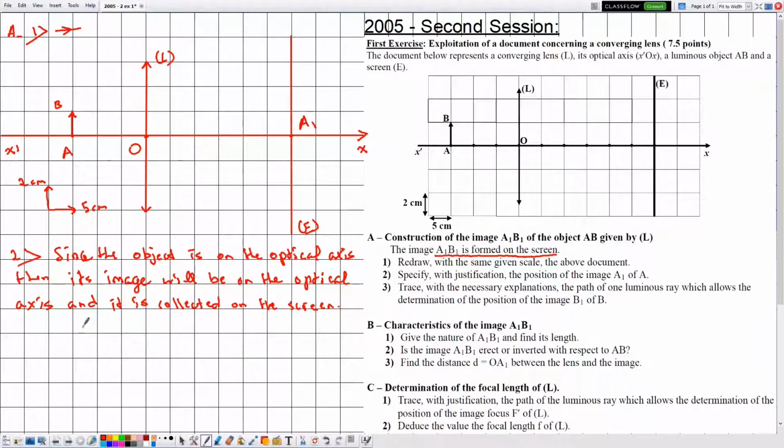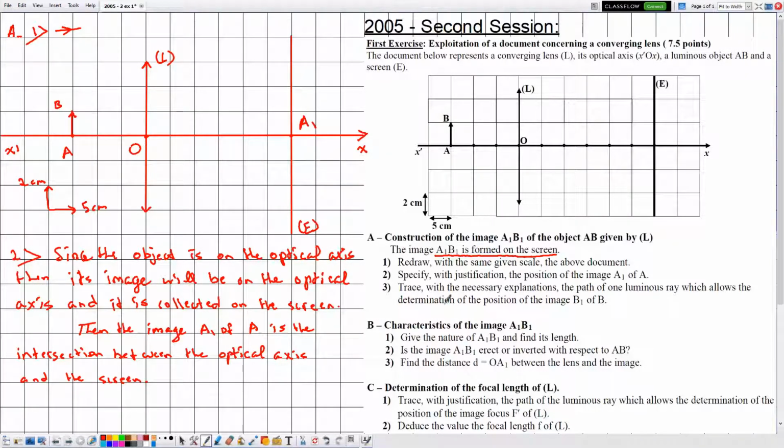For this reason, the image A1 of A is the intersection between the optical axis and the screen.